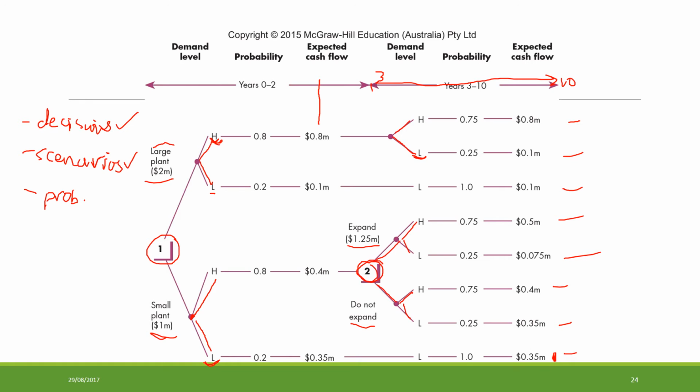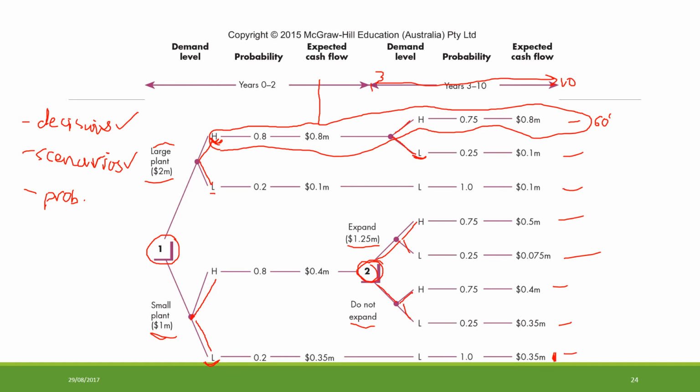Let's look at the large plant first. We know that the probability of high demand throughout the project, so high demand from year 1 to year 10, which is the scenario over here for the large plant, is 60%.